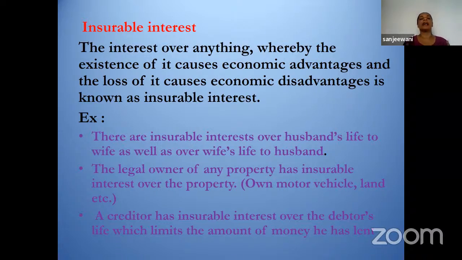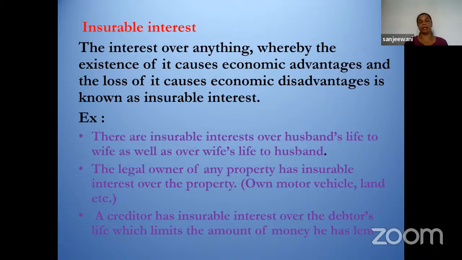So these are some examples of insurable interest. I hope you get a proper idea: by having something you get an economic advantage, or by losing it you get an economic disadvantage. You need to know some examples as well.